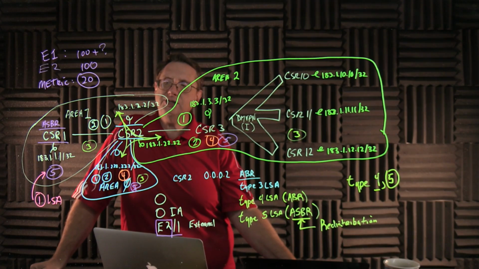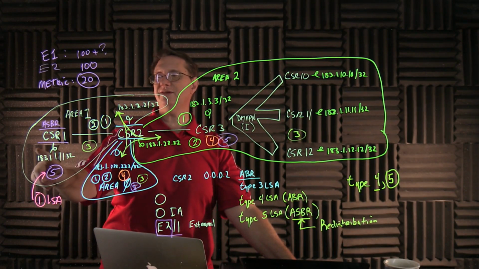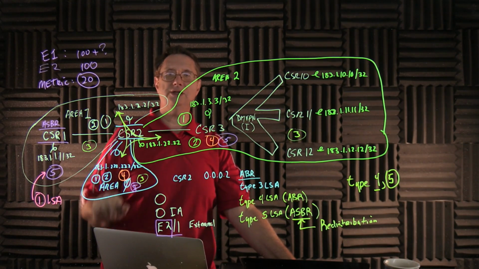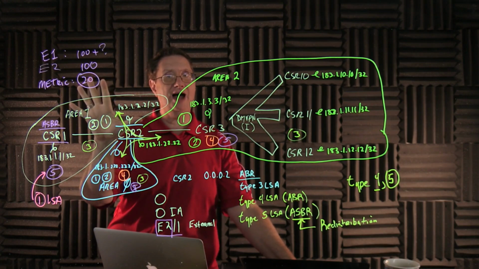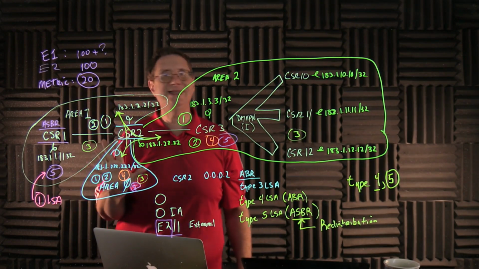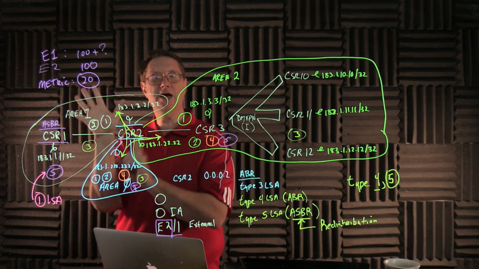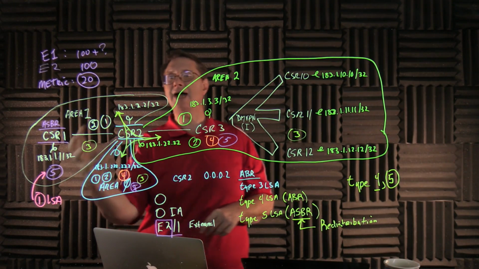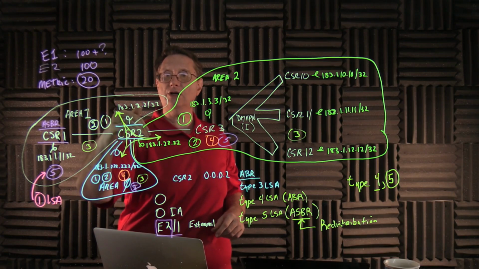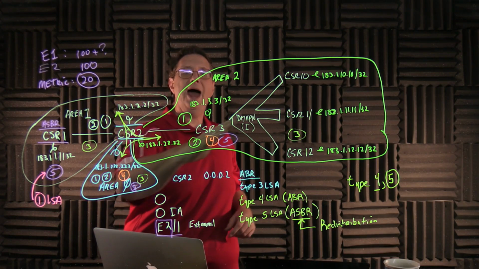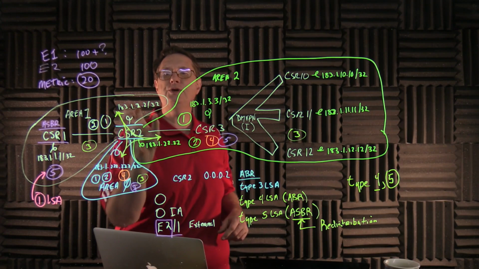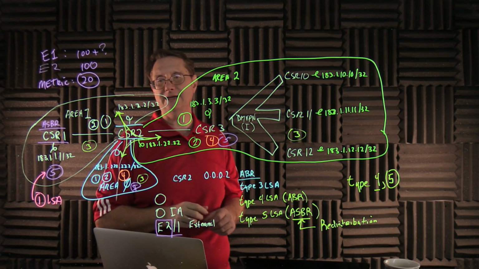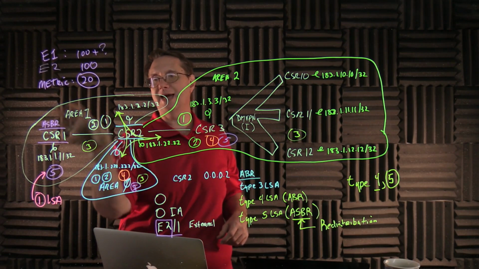So the question now is that we've specified an area, and we've done redistribution in this area. We've generated a type 5. Inside of that area, we did not need a type 4, so we could use the type 1 LSA for reachability information. However, as that type 5 hit CSR2, CSR2 actually advertised the type 5s, but knowing the areas other than where the type 5 was originated will need to know how to get to the ASBR.